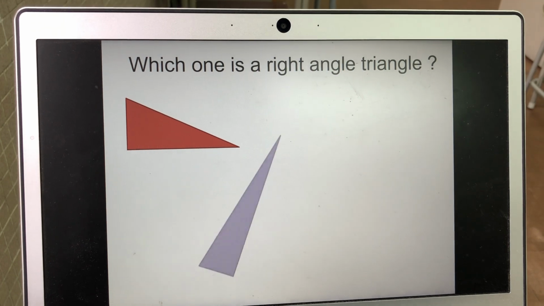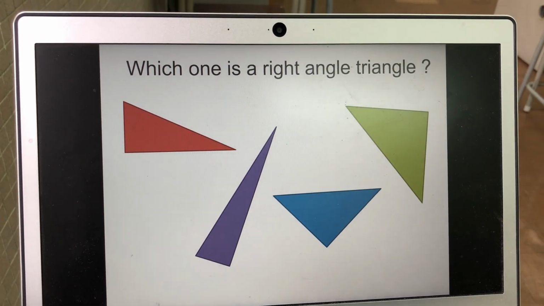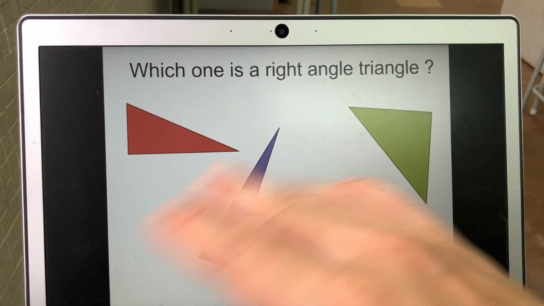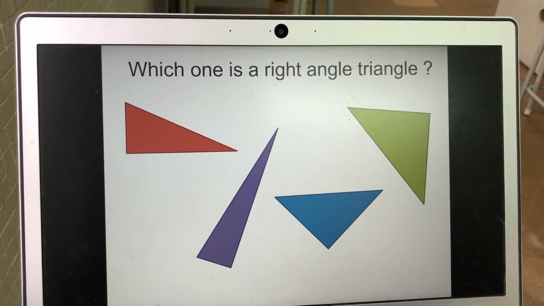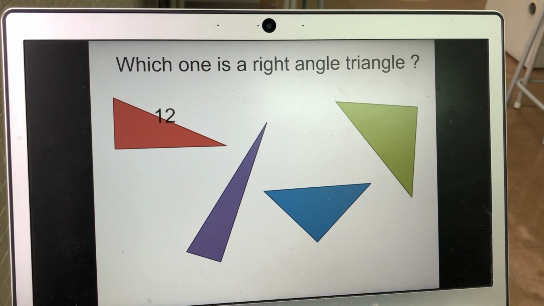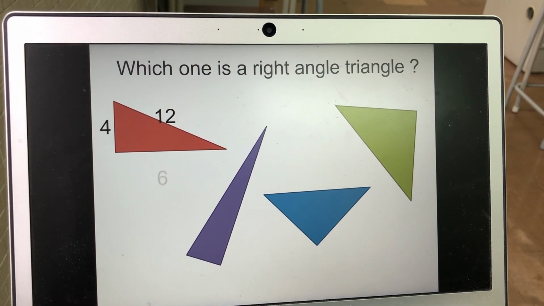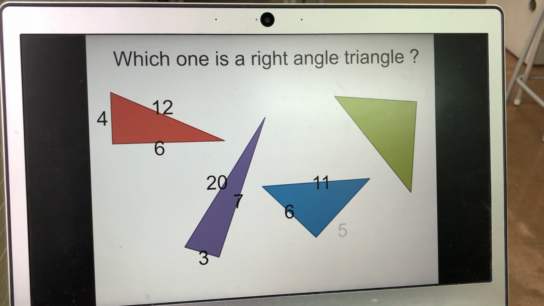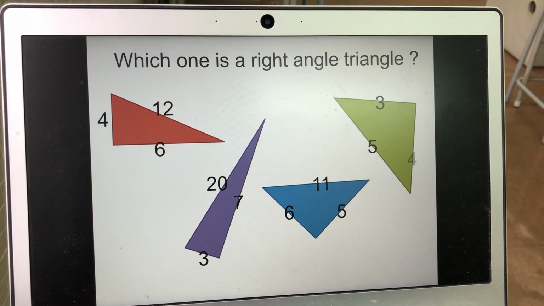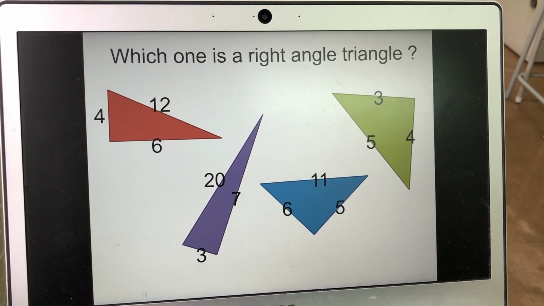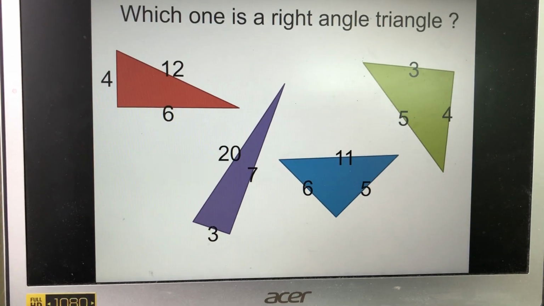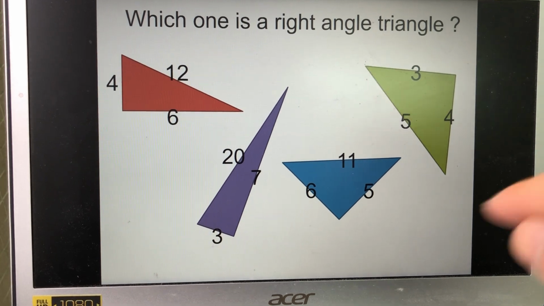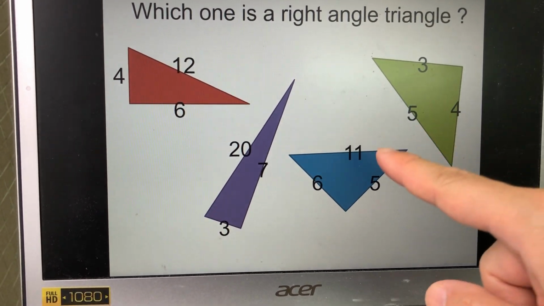Again, we've got 3 triangles here, and I will not tell you whether they have a right angle or not, but I will tell you the length of all the sides, 12, 4, 6, all these lengths. I can tell you all the lengths, and then you can also do a test to check which one is a right angle triangle.